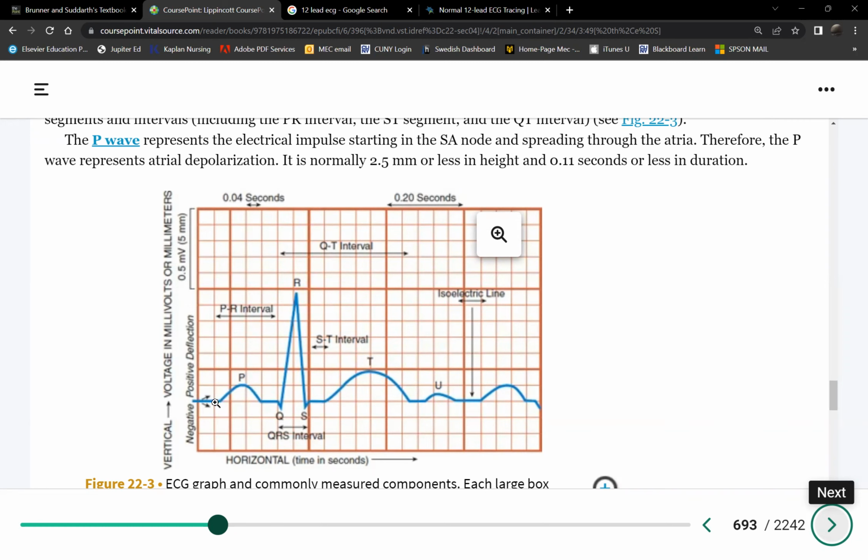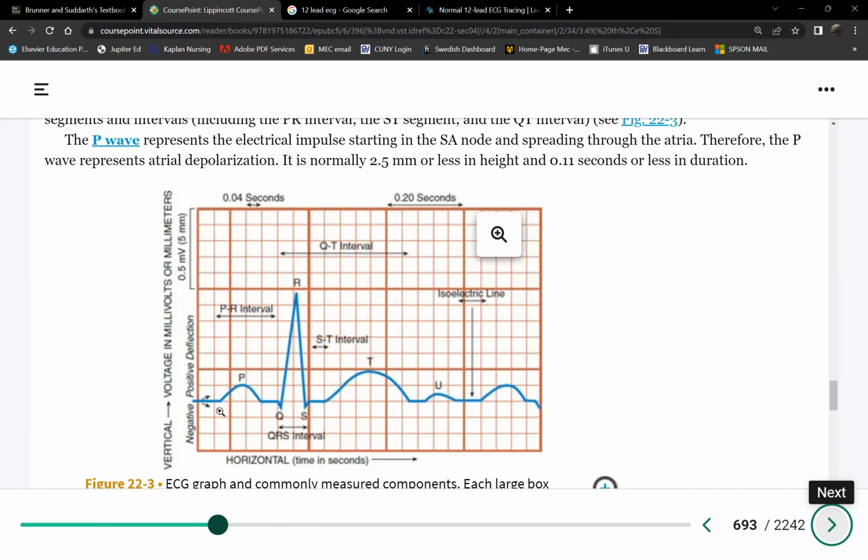How many millimeters or millivolts did it go up? So if one big box is 0.5, divided by 5, that's 0.1. So this one went up by 0.1 millivolts and then returned to the isoelectric line right here. So if you are to measure the P wave, how many seconds is this P wave?